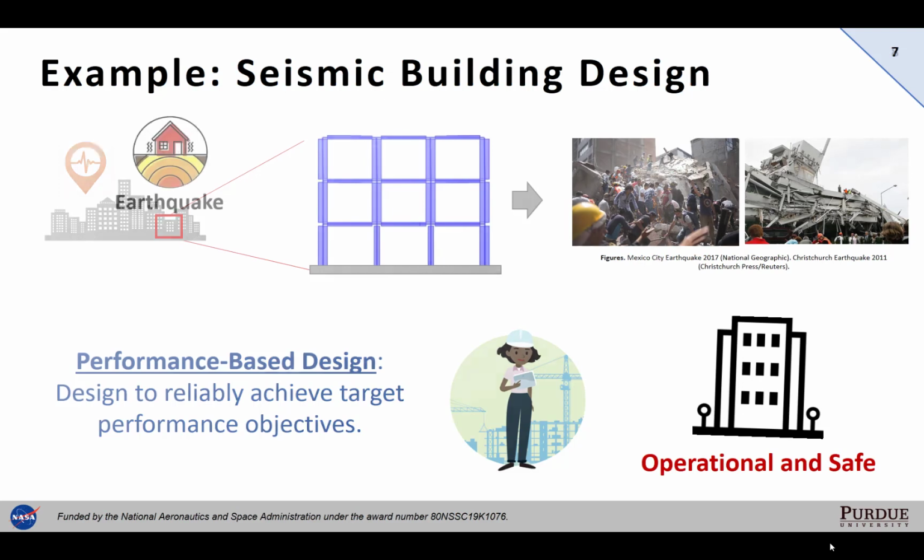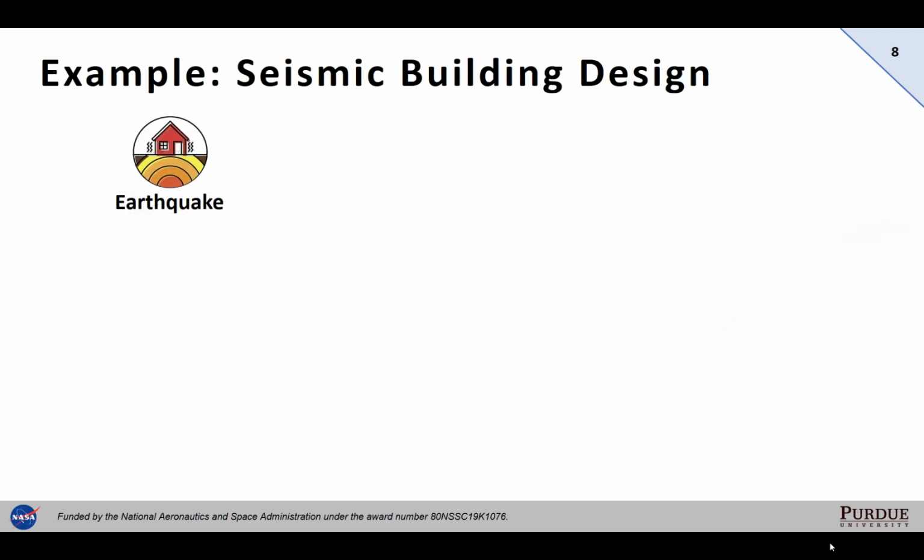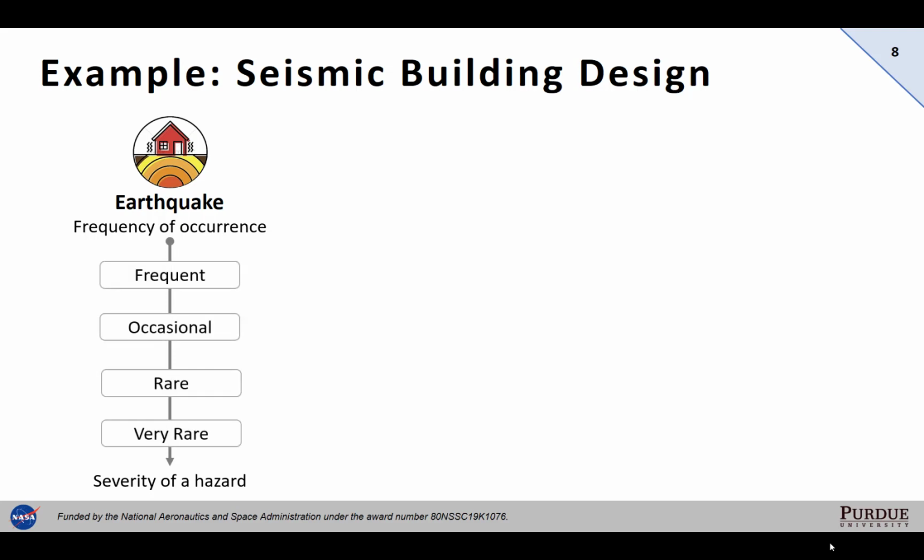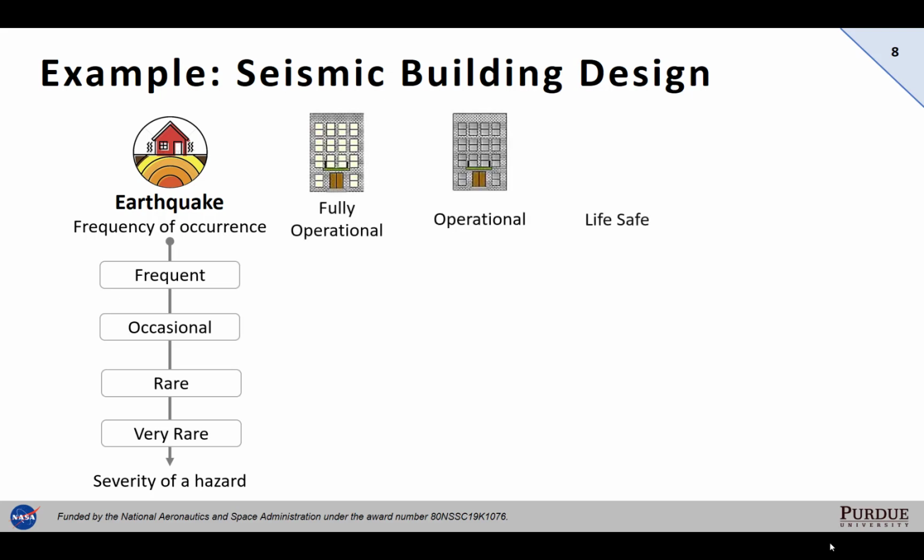Remember that it all starts by identifying and defining hazards. We identified that earthquakes are a risk, and that the frequency of occurrence is tied and increases with how severe the earthquake is. So we define earthquakes as frequent, occasional, rare, and very rare. Now, what are the outcomes that the buildings may turn out to within an earthquake? They may remain fully operational, or just operational, meaning that they can provide some services, but not all.